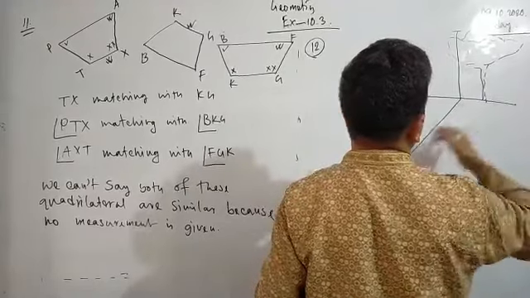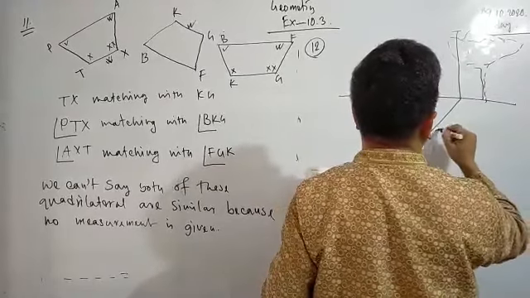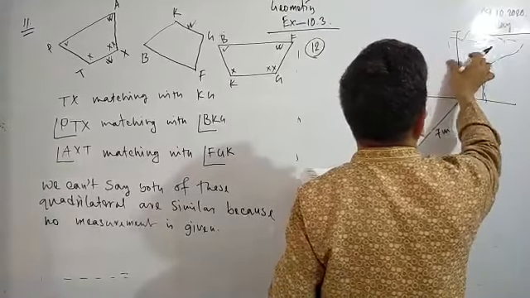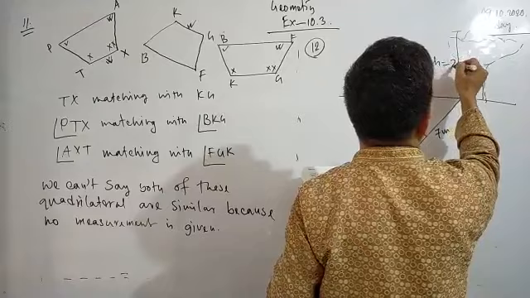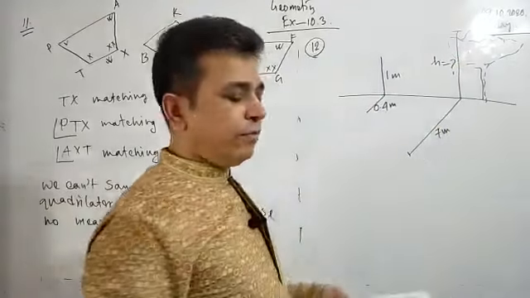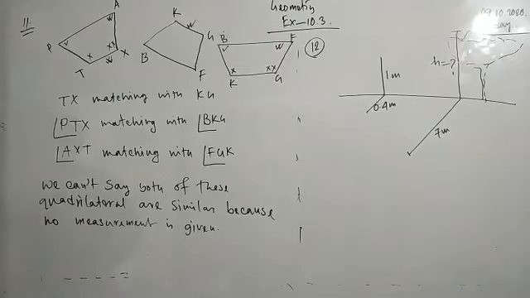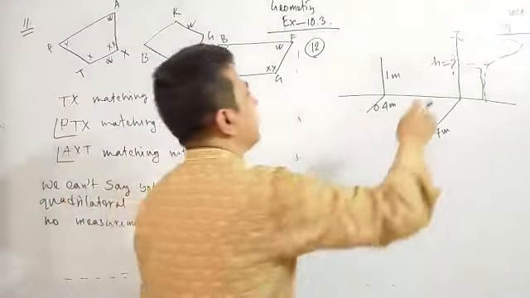So the shadow of this tree is 7 meter. We have to find the height. What is height here? Okay, h equals what? We have to find the value of h. H equals what? That is the question.